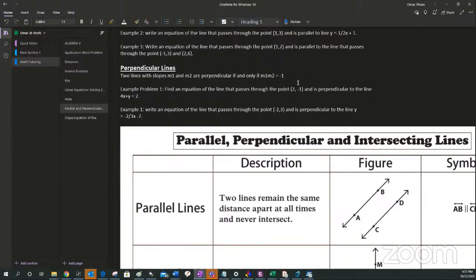It says: find an equation of the line that passes through the point (2, -1) and is perpendicular to the line 4x plus y equals 2. So let's try that.